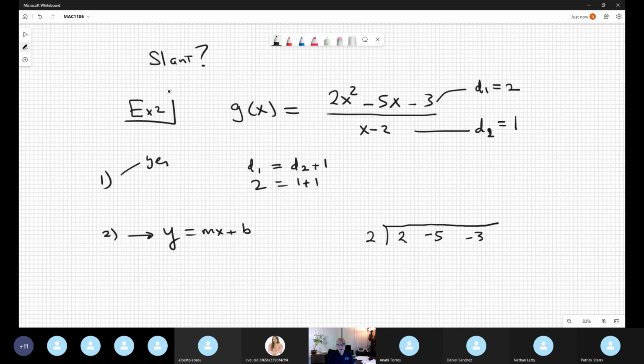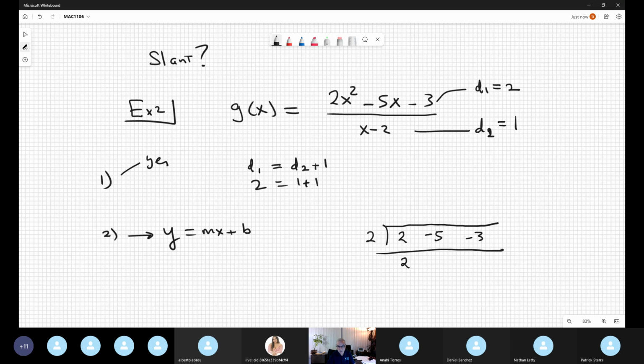Completely opposite sign to this. In long division, no, you put x minus 2. But in synthetic, no x. I omit the x. I omit the sign also.